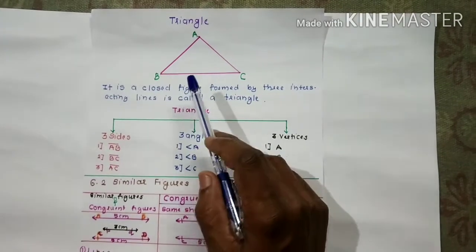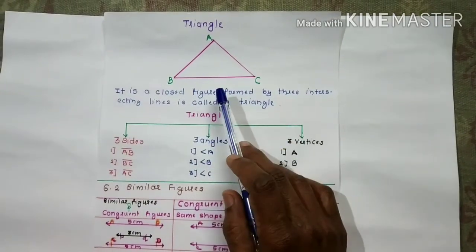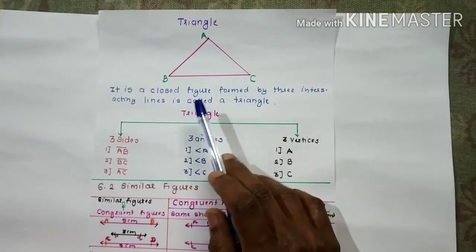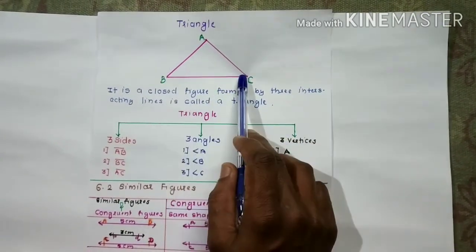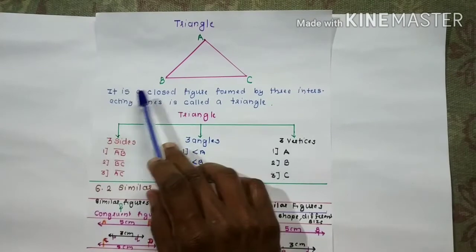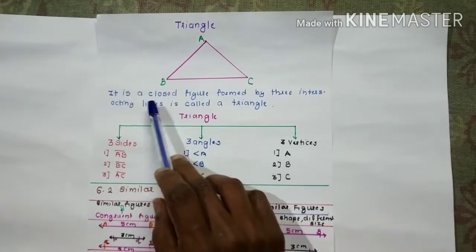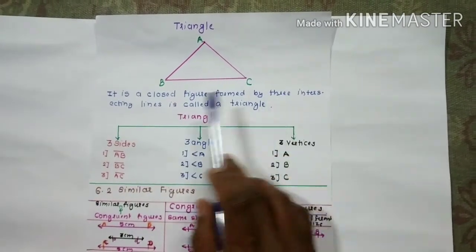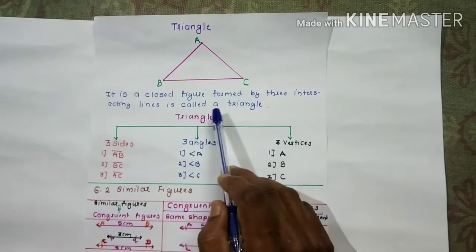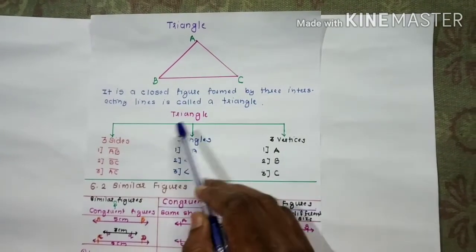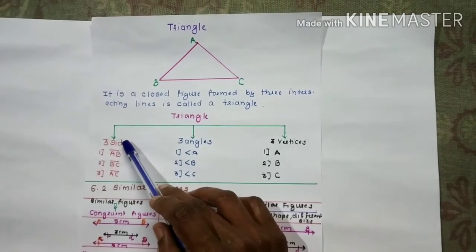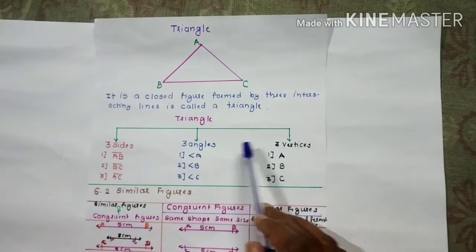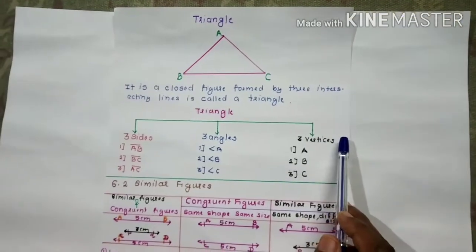Let us quickly recall what is the meaning of triangle and which are those different parts of a triangle. So this is a triangle ABC. The definition of triangle is: it is a closed figure formed by three intersecting lines. It's called a triangle. So triangle has got three parts. First part is sides, second part is angles, and third part is vertices.